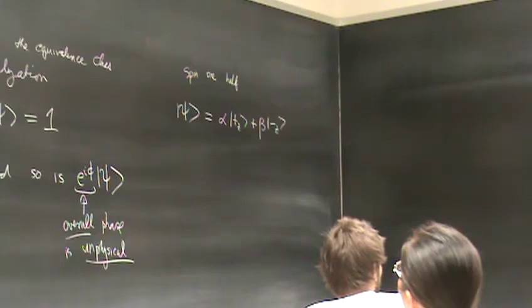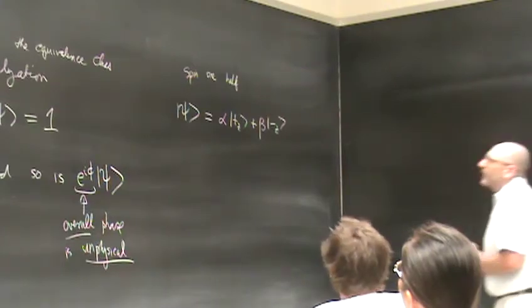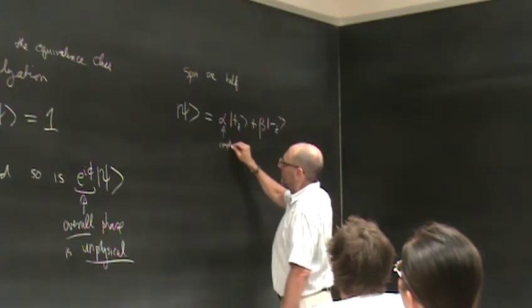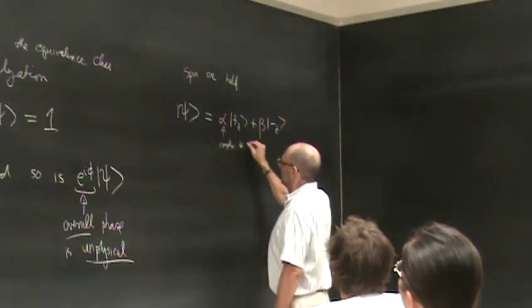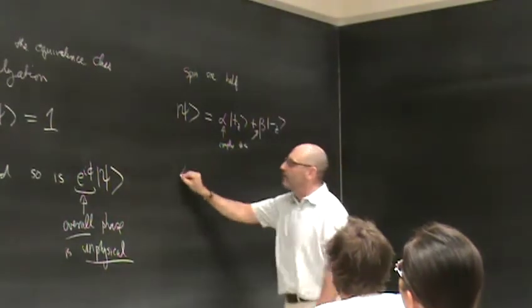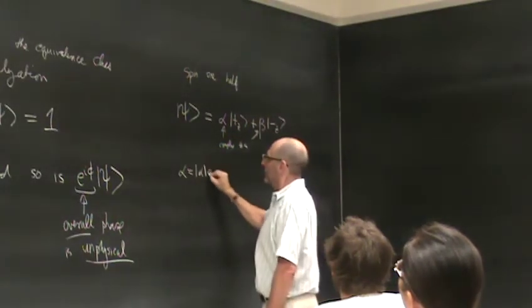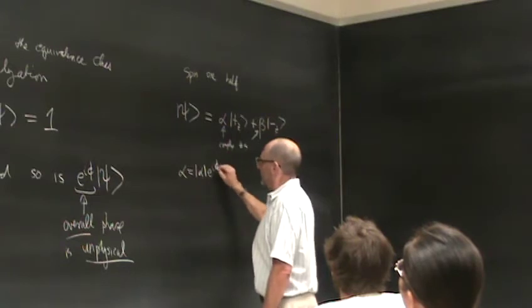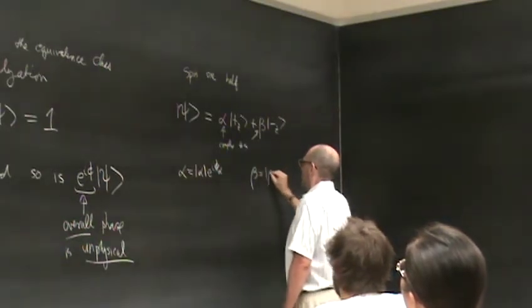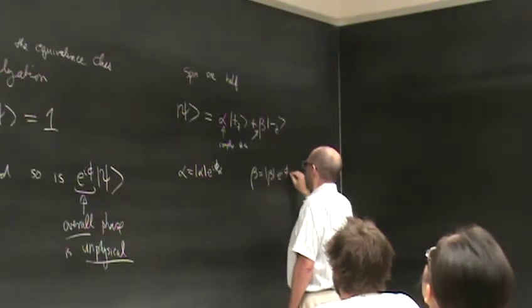Now, alpha and beta are complex numbers. So alpha has some magnitude and some phase, and beta has some magnitude and some phase in general.